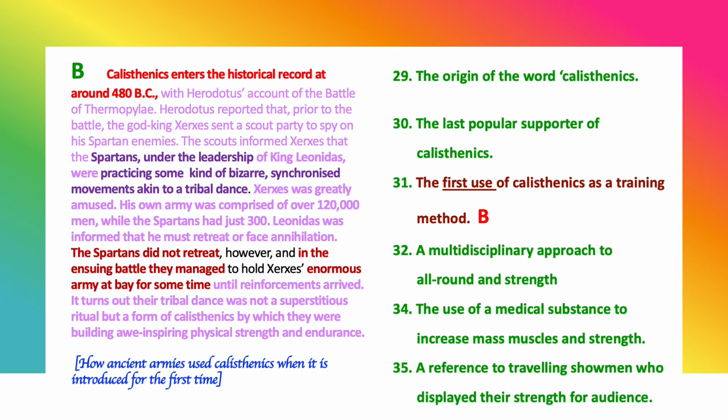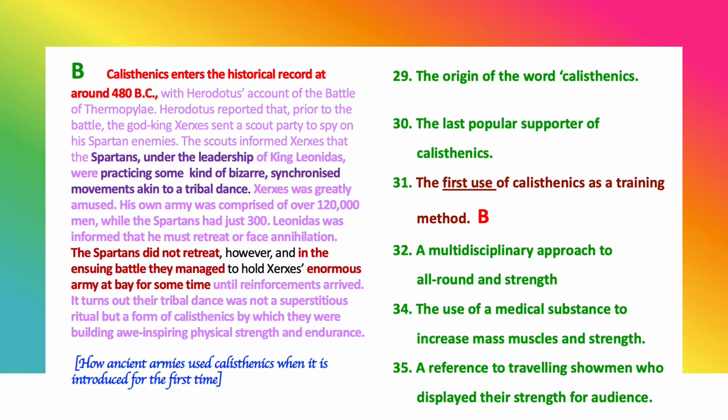Let's take section B and match the theme with the information. It is about how ancient armies used calisthenics, but there's no reference to any battle within the list of information. So we need to scan the section to hunt the answer. You need to go deeper in the section.